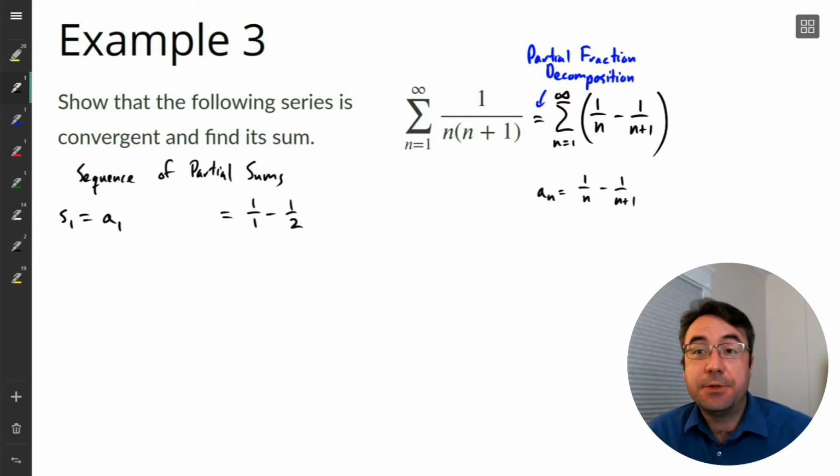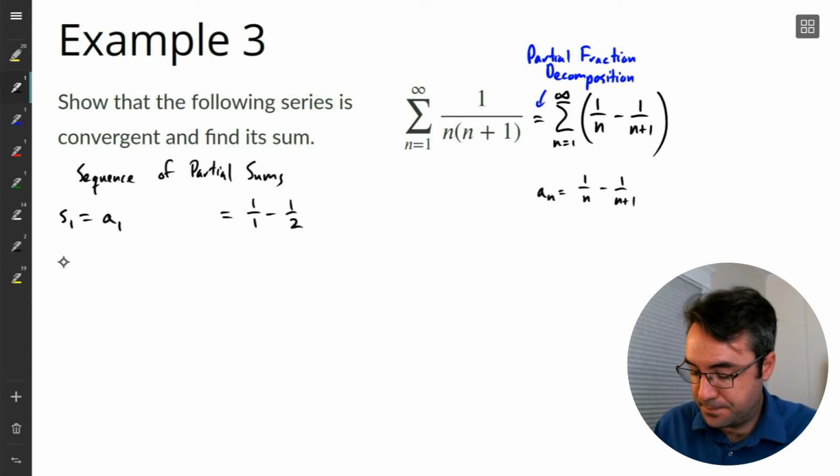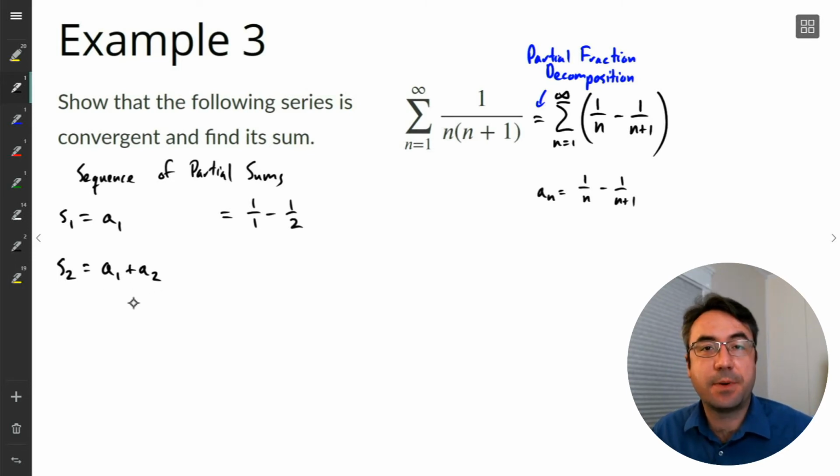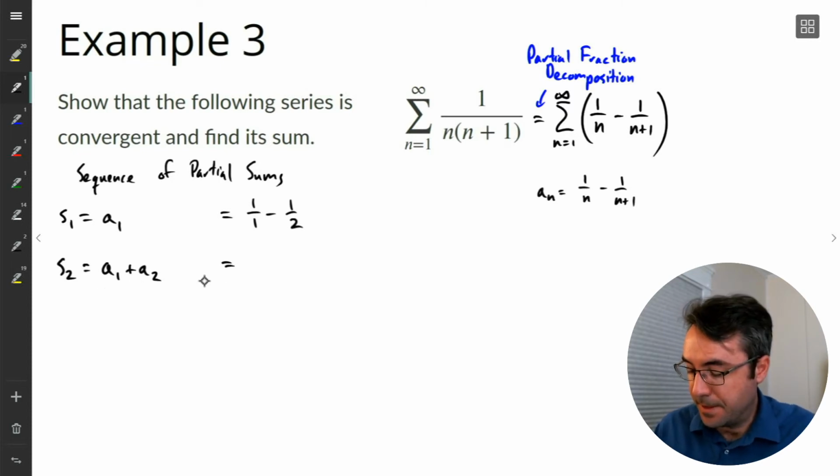Now let's find S sub 2. And S sub 2 is where we take the first two terms of our original sequence. So we take a1, we take a2, we add them together. So let's do it. A1 we already know, it's right up here.